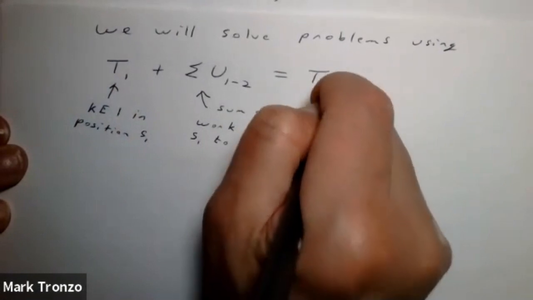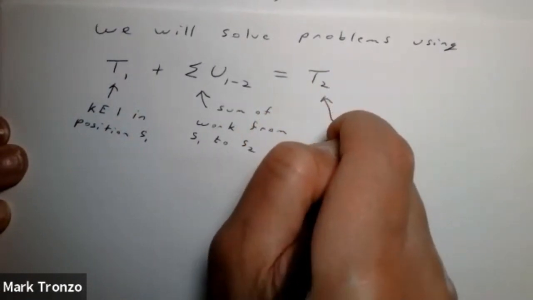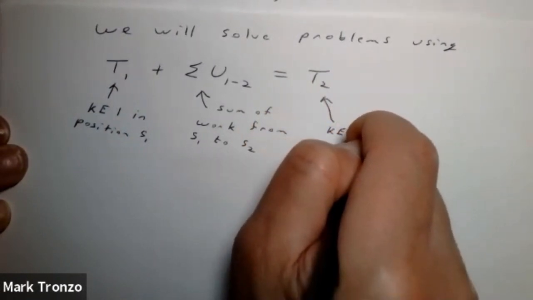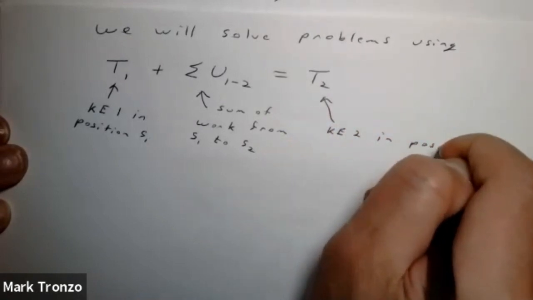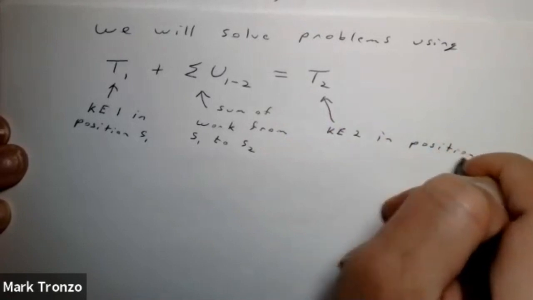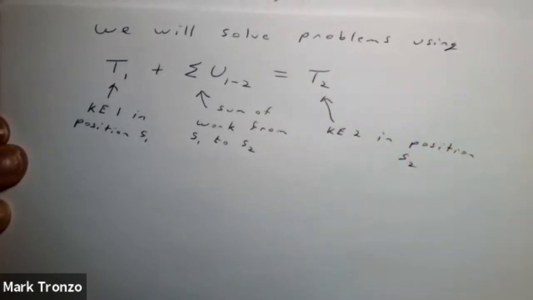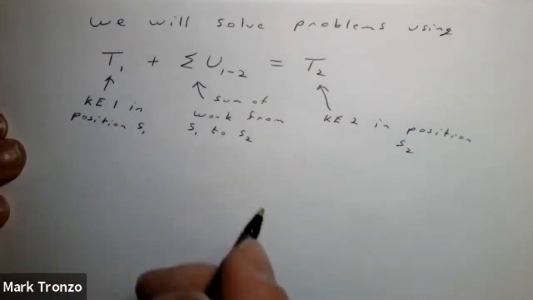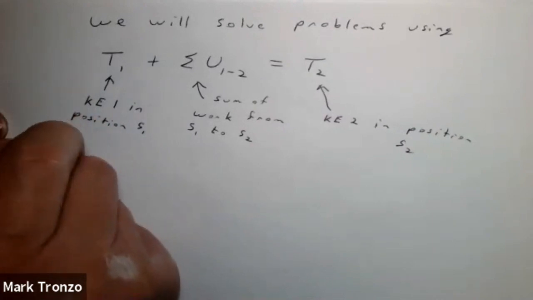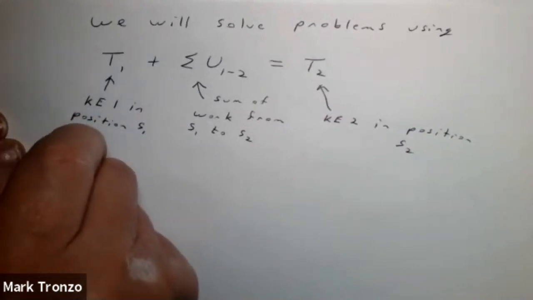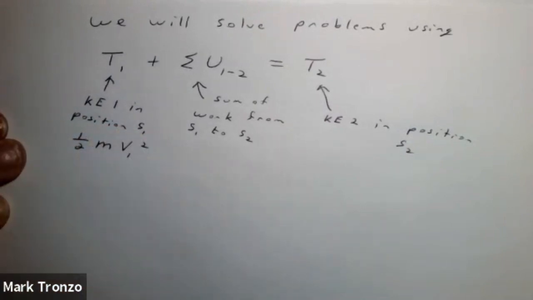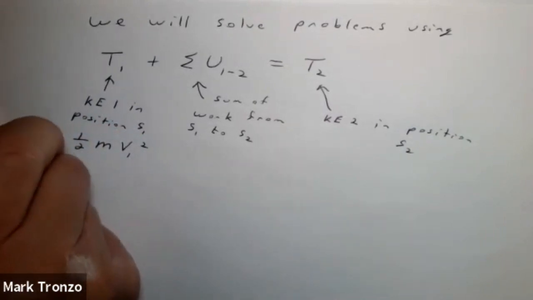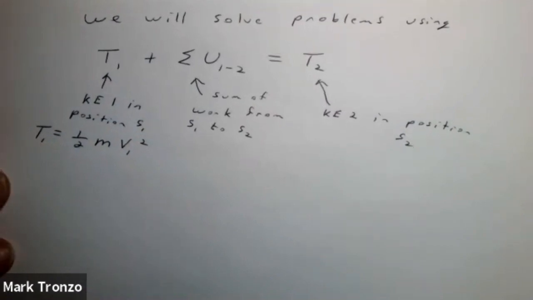And then this is the kinetic energy in position S2. The kinetic energy is one half the mass times the velocity squared. That's going to be your kinetic energy in each case, say the starting position.